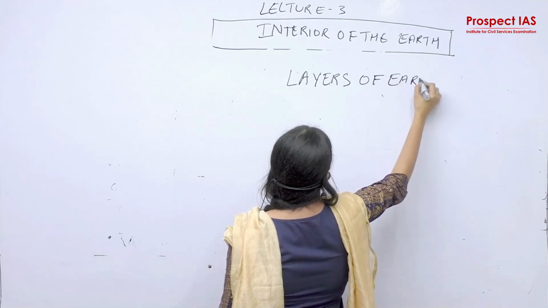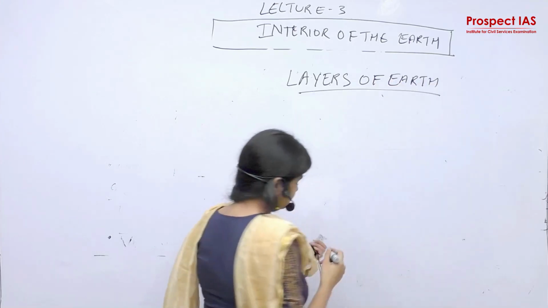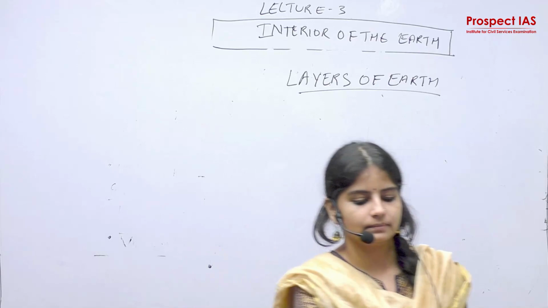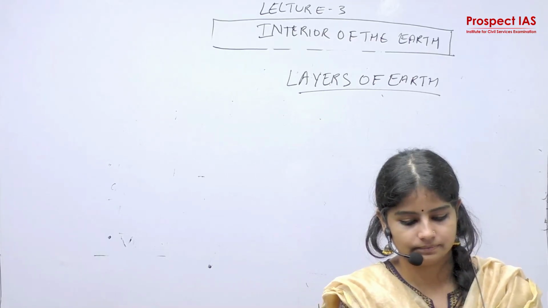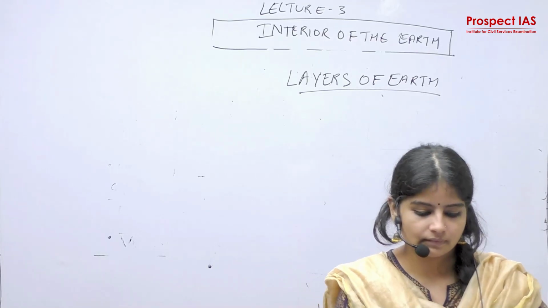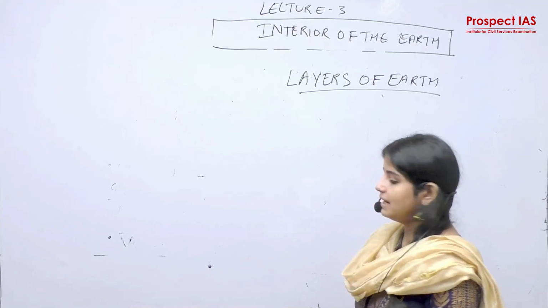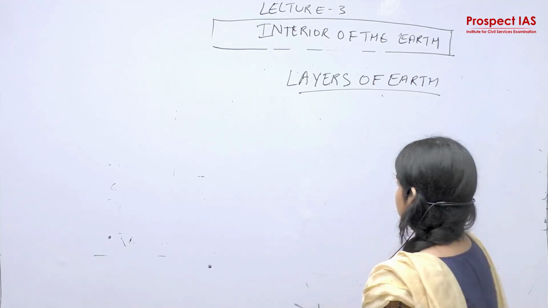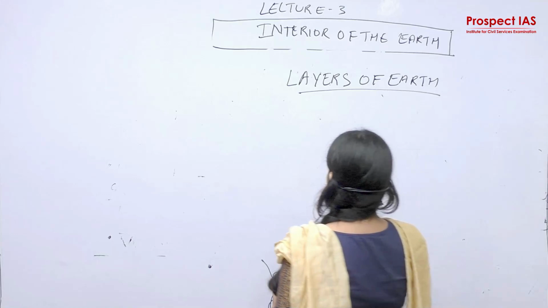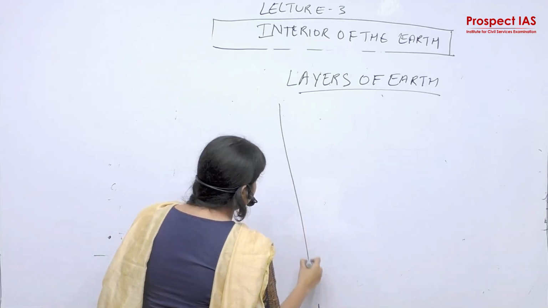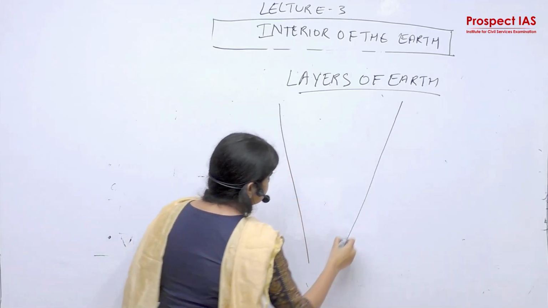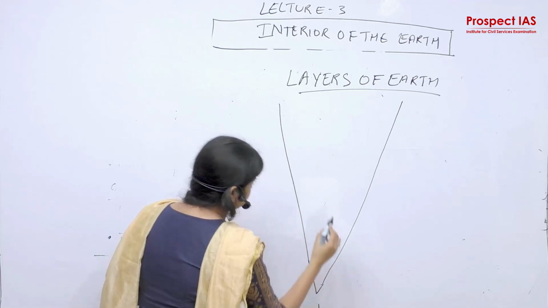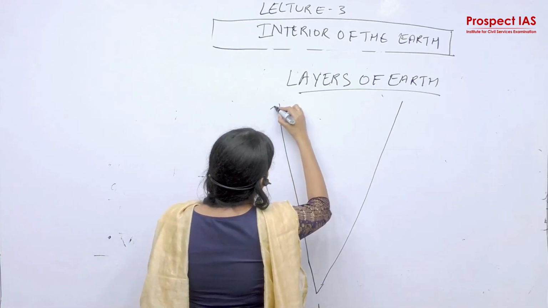How many layers are there? Three. Crust, mantle and core. This is how the diagram you will get in the synopsis of this class.